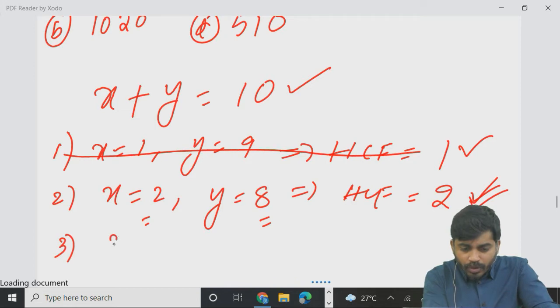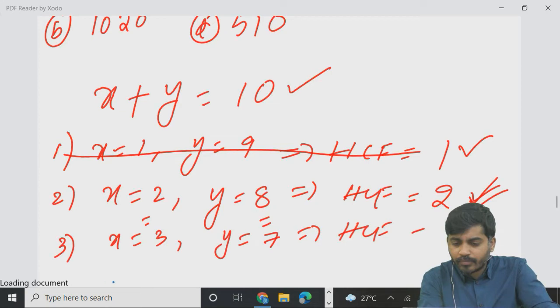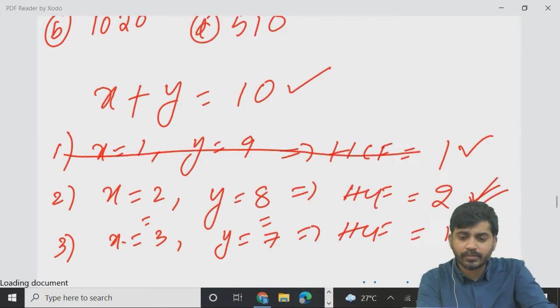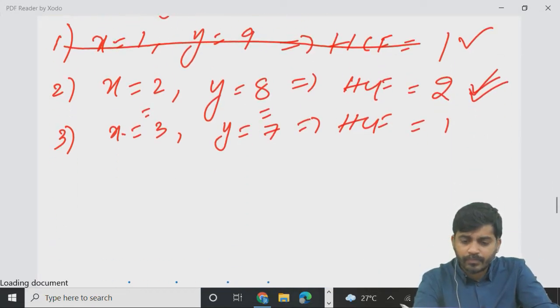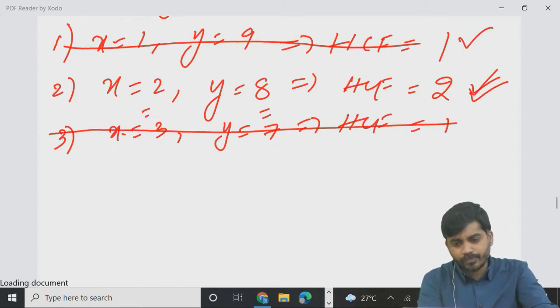What about the third combination? x is equal to 3, y is equal to 7. 3 plus 7 is 10. What is the HCF? 3 and 7 don't have any common factors, so again 1. Remove the third combination also.